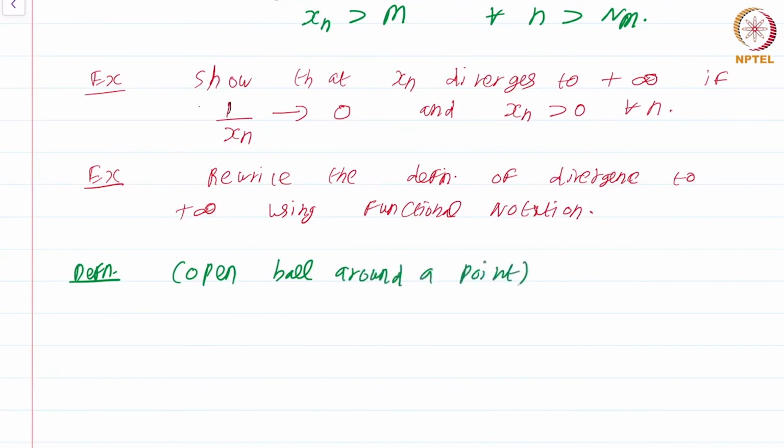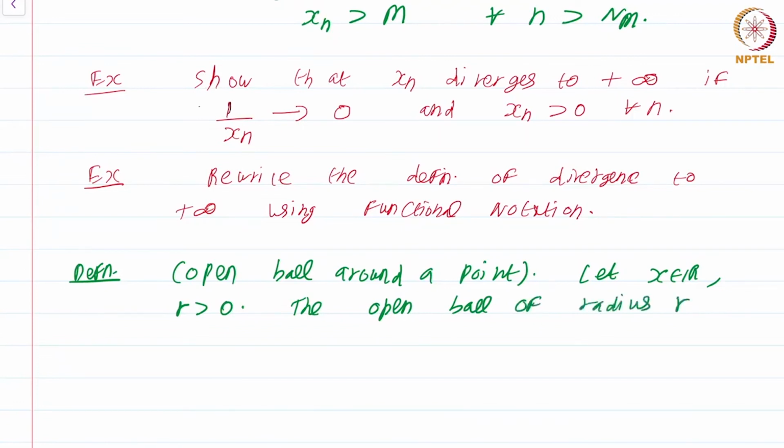Let x be a real number and r greater than 0. The open ball of radius r around x is denoted B(x, r).